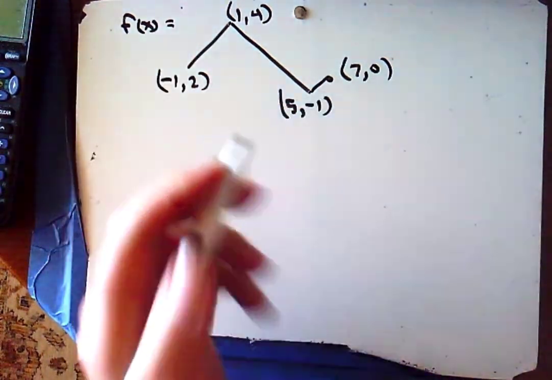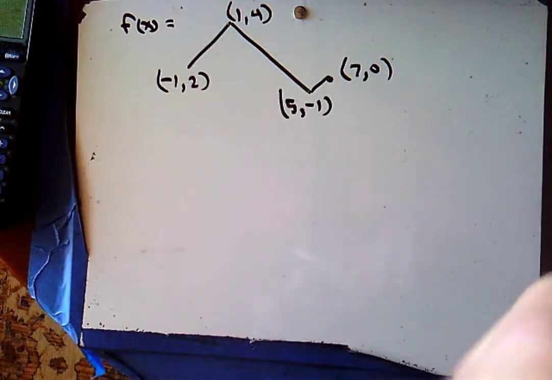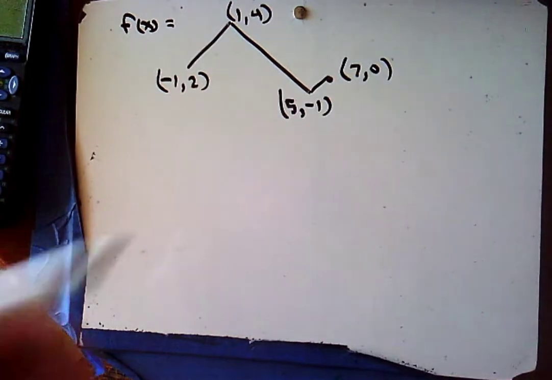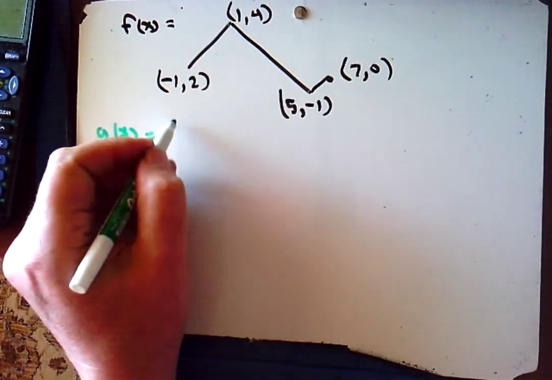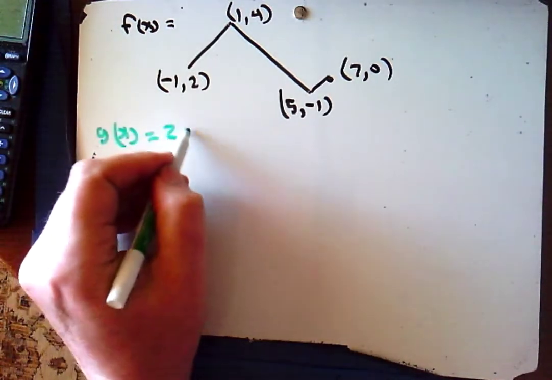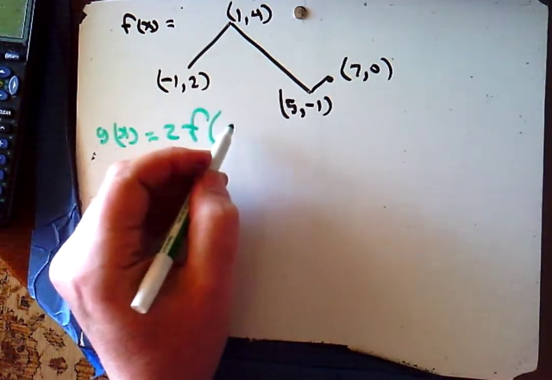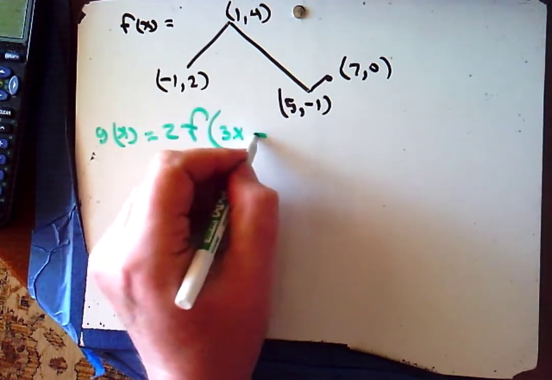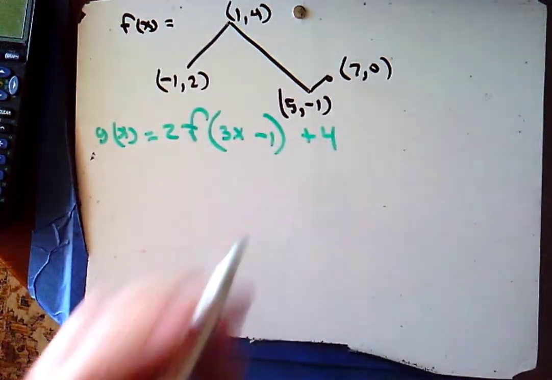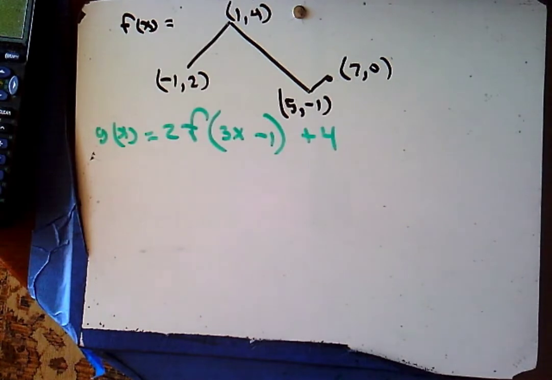This is our f(x). And will you please graph g(x), which is 2f(3x - 1) + 4. Okay? Give it a try. Come back when you're done or you need some help.